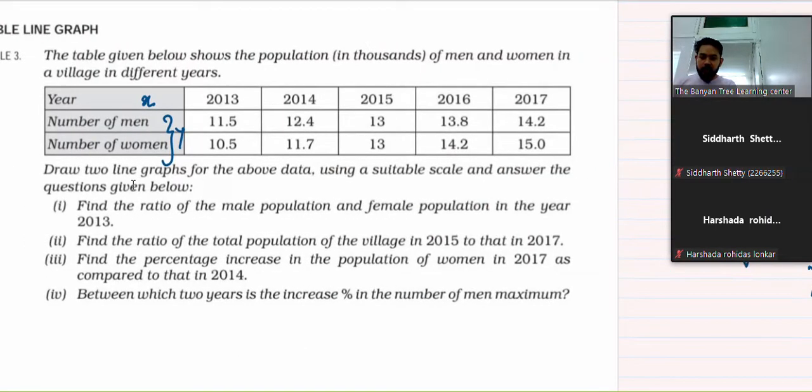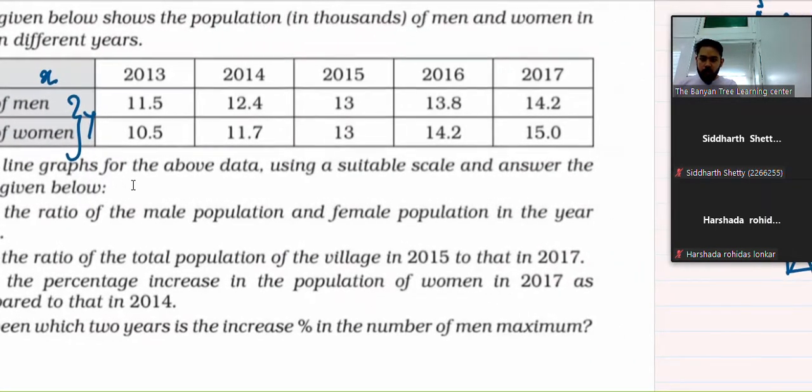Okay, now see the values of the population. Which is the smallest value of population? 10.5. And the greatest value? 15, right? 10.5 to 15 and everything in between. So what you can do is take 1 centimeter is equal to 1000 on y-axis, and plot 0, 1, 2, 3, 4, 5, 6 up to 15.